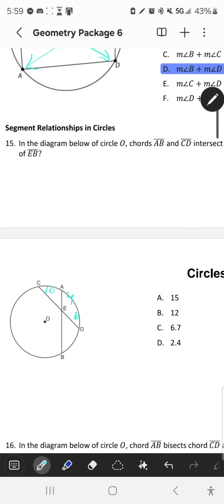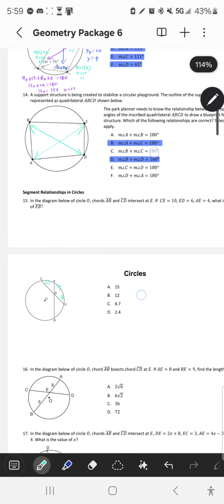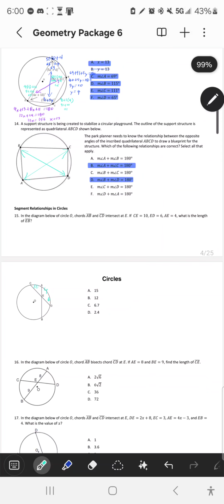So basically, we can establish the relationship that this is to this one as this is to the other one. Let me say it another way.